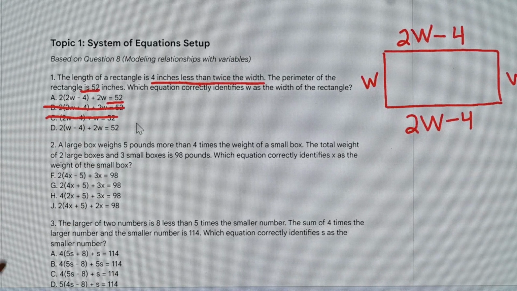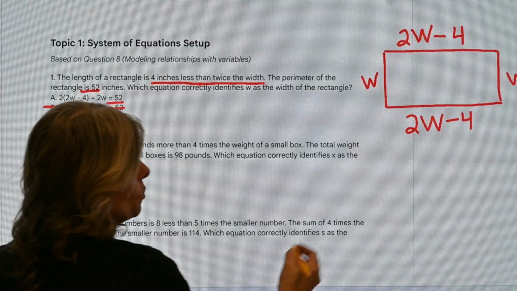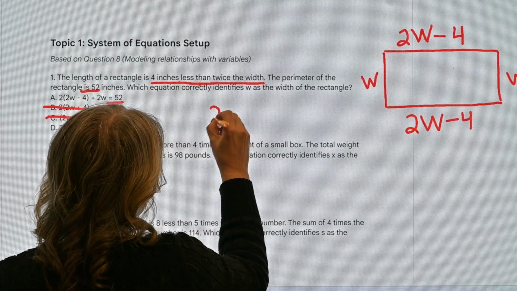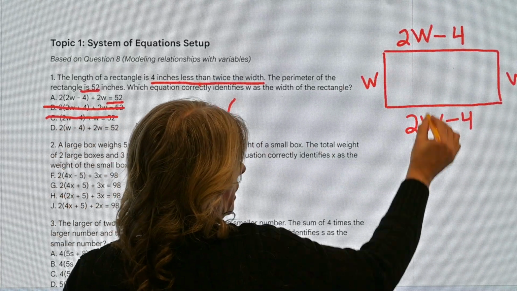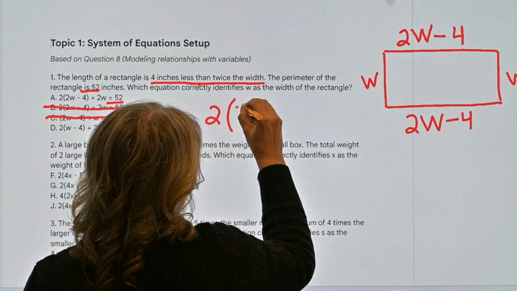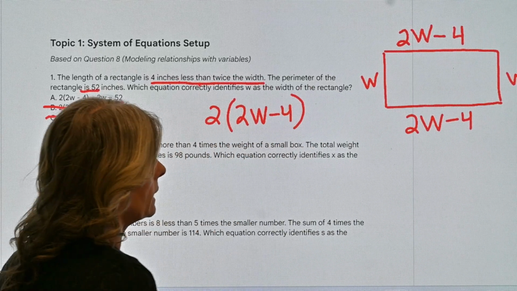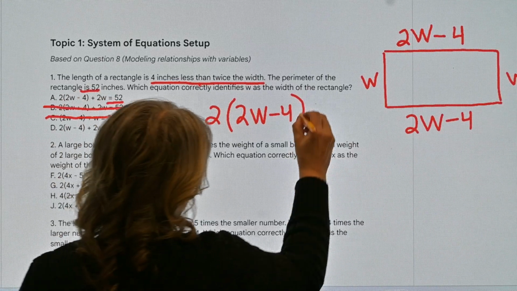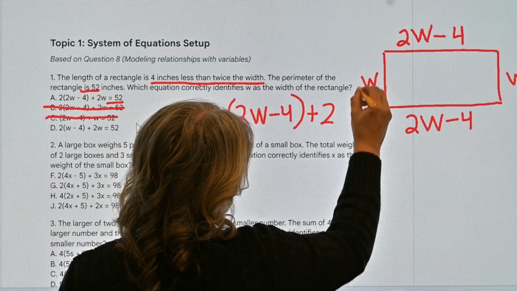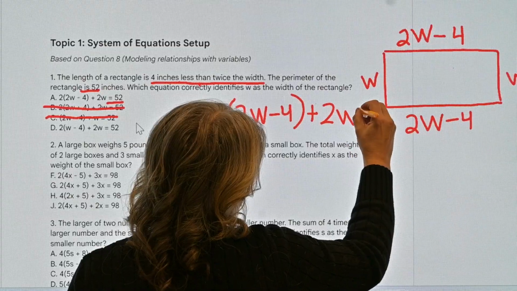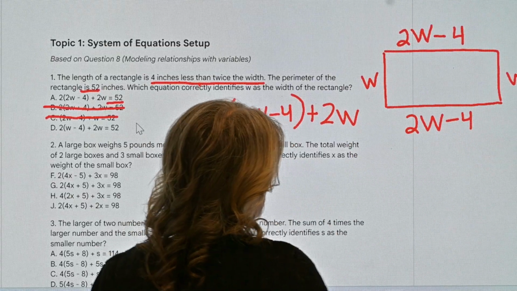So to do the equation, we need 2 times this, right? Because we have 2. So 2W minus 4. And then I also need 2 times W, because I have 2 of those, right?